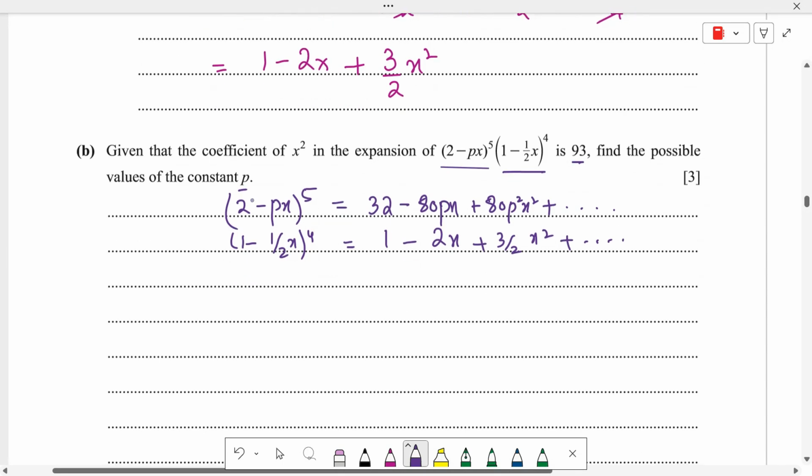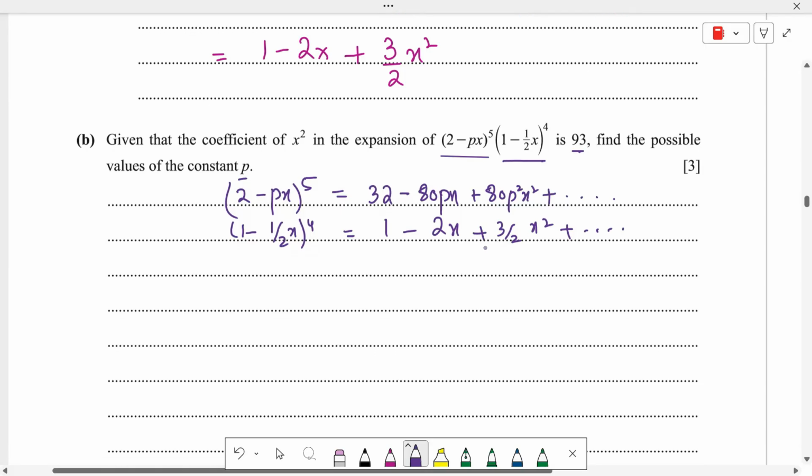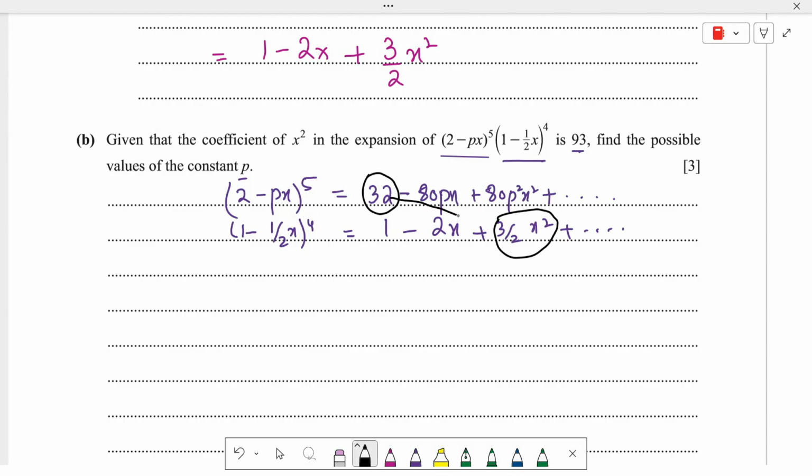These two expansions are multiplied. When each term multiplies with another expansion, we will have different powers. We need to find which terms, when multiplied, will give us x squared. When this term multiplies this term, we will have x squared. Similarly, when this term multiplies with this term, we will have x squared, and likewise for this term with this term.